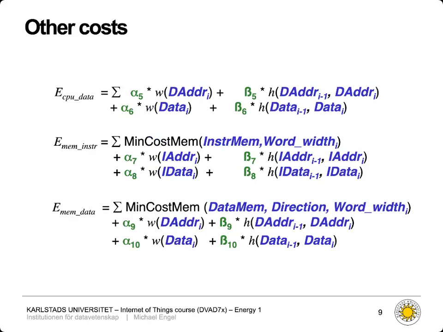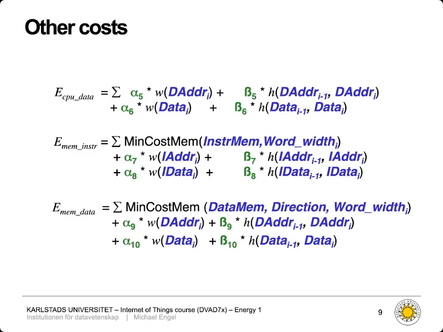We can also have other costs, like data-related costs. So the previous slide only considered instruction-related costs, but we have several things about data. For example, where data is in memory, so the address of data, the value of data, and how addresses of subsequent data items and the values of subsequent data items actually change between one instruction and the next instruction that's executed.